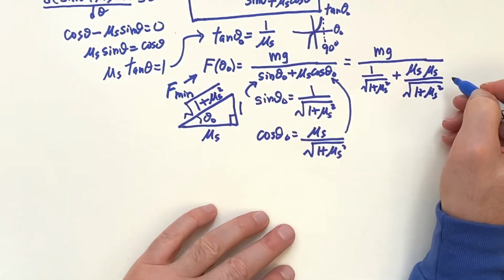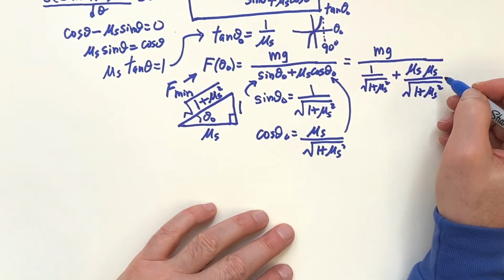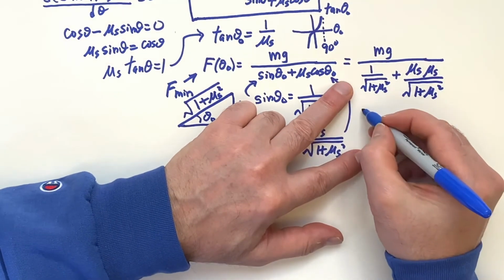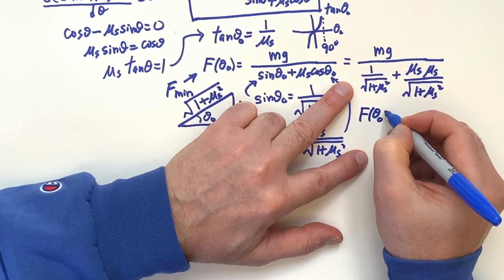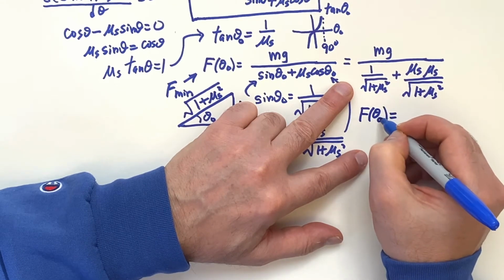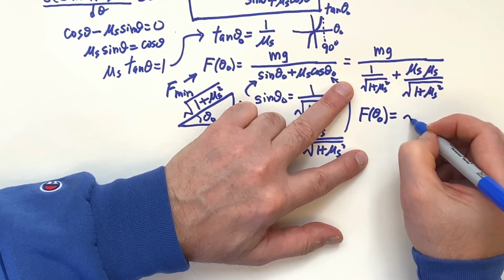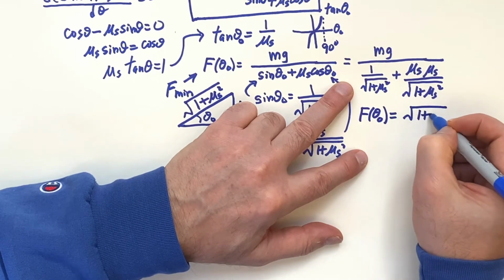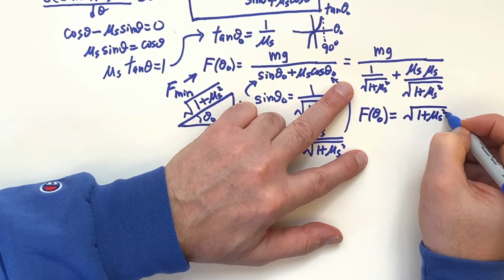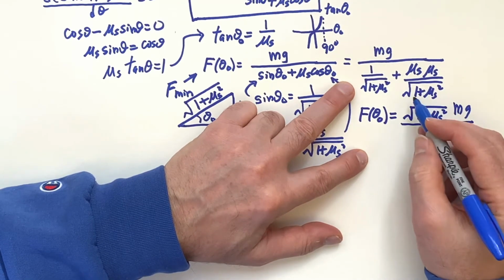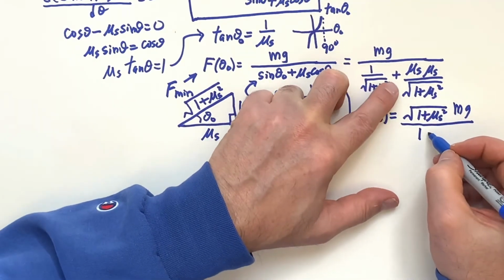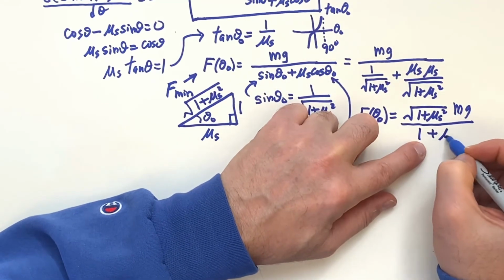And now what I'm going to do is multiply top and bottom by that square root to get this to look a little neater. Okay, so here, remember, this is the force that goes with the best angle. This is the square root of 1 plus mu s squared times mg, and then over, this is a 1, and this is just plus mu s squared.